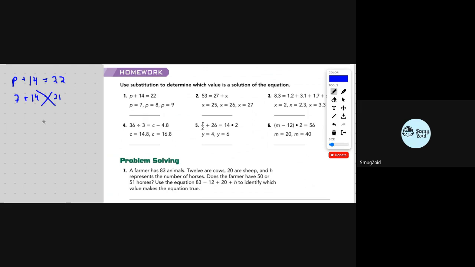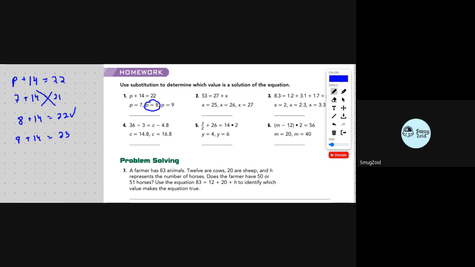That's not going to work, right? That's not going to match that. 8 plus 14, that's equal to 22. Check. So we know it's going to be this guy, right? If I did 9 plus 14, that's going to be 23, okay? So you can see all these are kind of doing the same things, right? So this is a good practice thing, right?